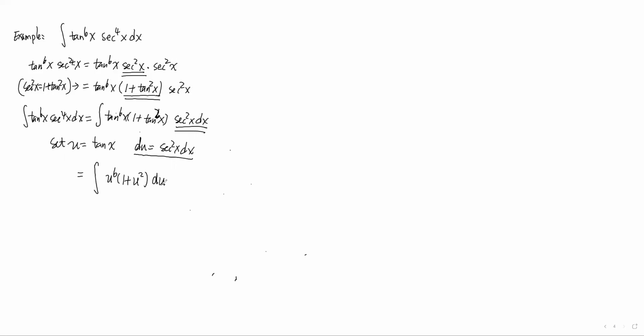For the polynomial, I think everyone knows how to find the antiderivative. So let's simplify, use the distribution rule, plus this, and du. So the antiderivative is 1/7 u power 7 plus 1/8 u power 8 plus c. So we replace u by tangent x: 1/7 tangent power 7 x plus 1/8 tangent power 8 x plus c.